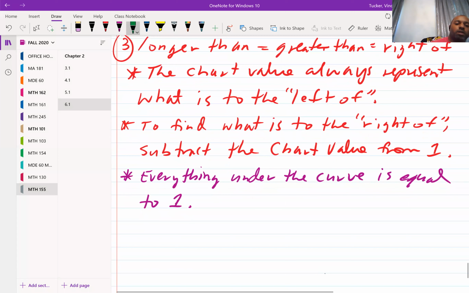All right. So we'll find our probability. Longer than.